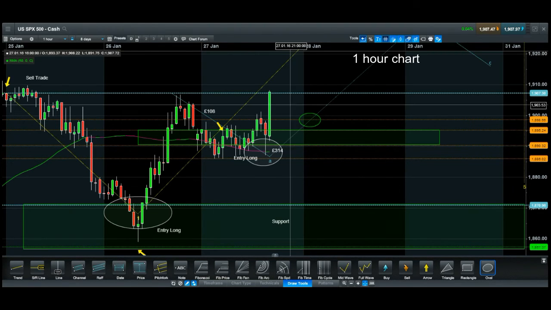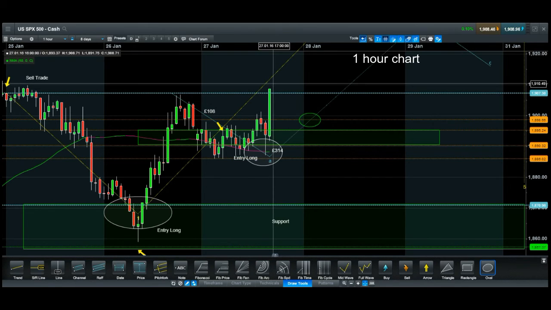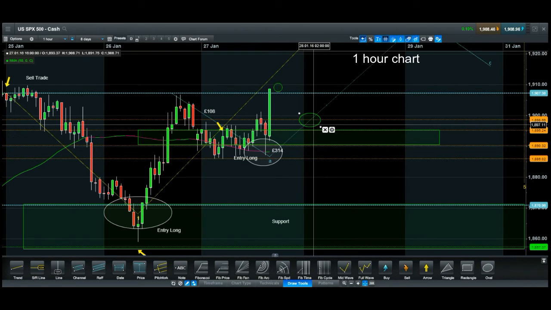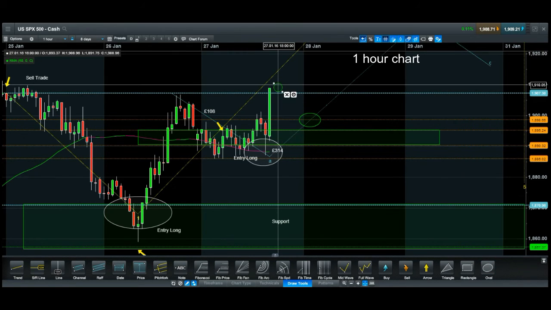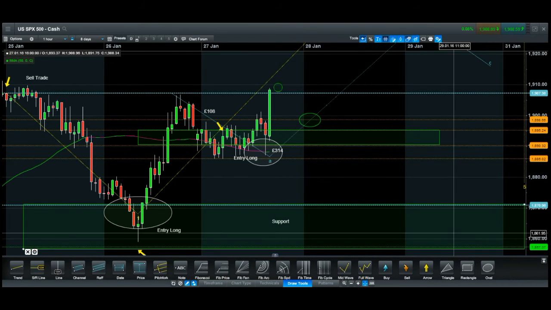Or if this climbs above, on the next candle, it's got to be somewhere here. Okay, so there are two areas I'm waiting on now for the confirmation of the candles before I enter into long again. All right, so I'll come back later and see how it goes.